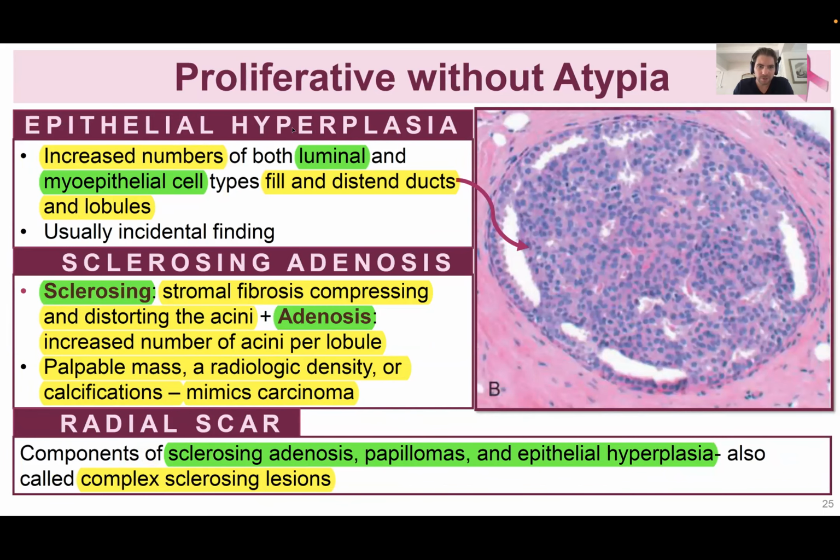With epithelial hyperplasia, you'll see sclerosing adenosis. Sclerosing, in my mind, is kind of like fibrosis; it goes together, plus you get the glandular growth, the adenosis. Sclerosing adenosis is a common thing that they talk about, but when we get to the specific tumors, we'll talk about that in a second.